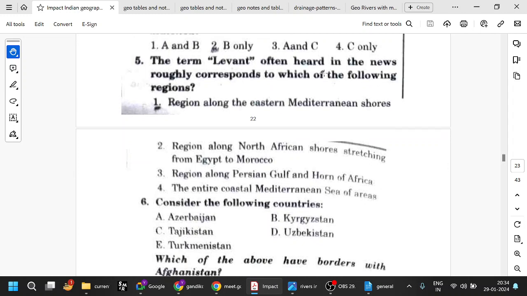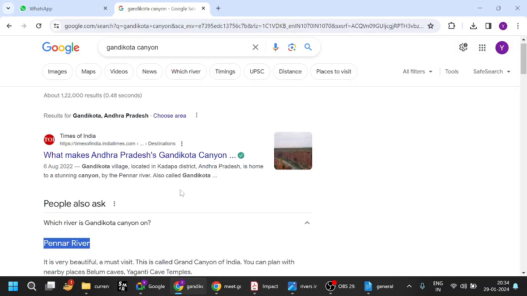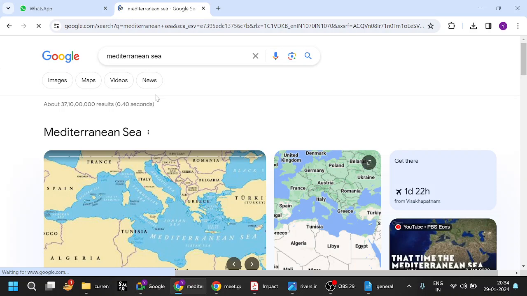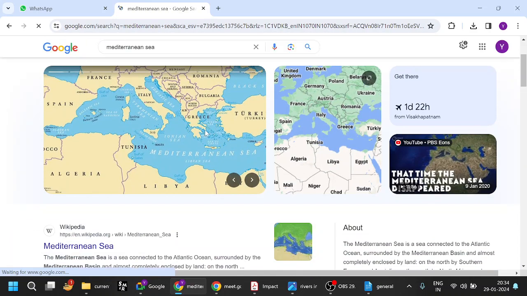The term Levant, often heard in the news, roughly corresponds to which of the following regions along the eastern Mediterranean shores? So, Mediterranean is very important in general, and let us see. Mediterranean is very important, and it is frequently in news also. So, let us have a clear look at Mediterranean Sea.